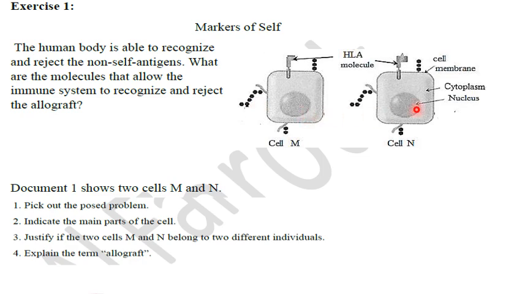Here we have two cells, cell M and cell N. Here we have a specific self marker that is present on the surface of the cell. And here we have another type of HLA molecules that are found on the surface of cell N. So here we have two cells with different HLA molecules.